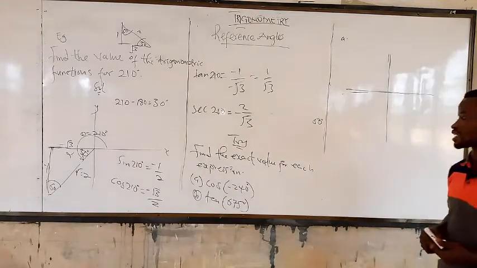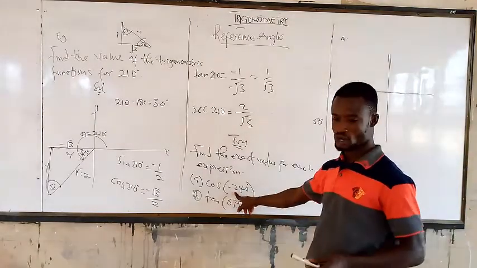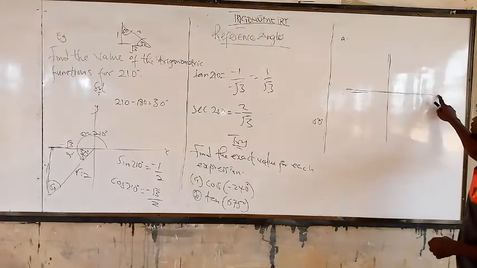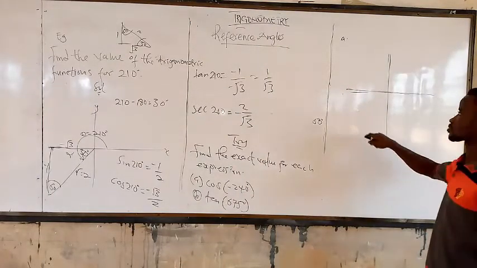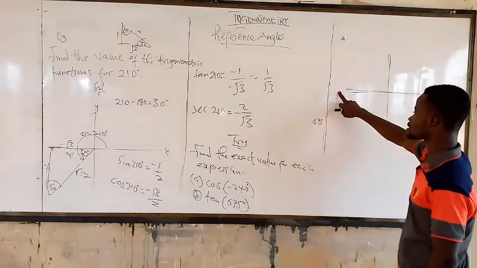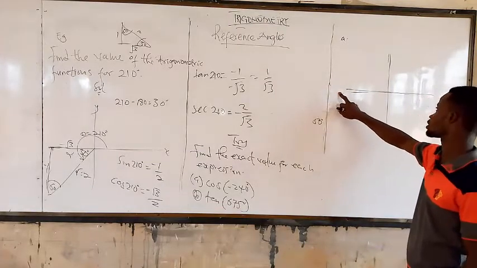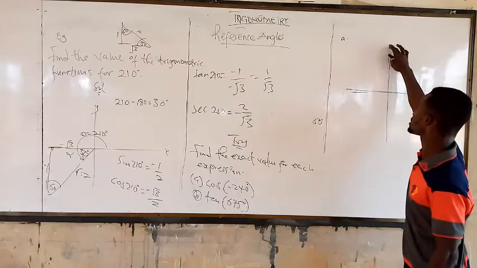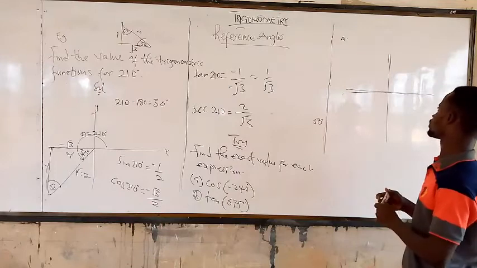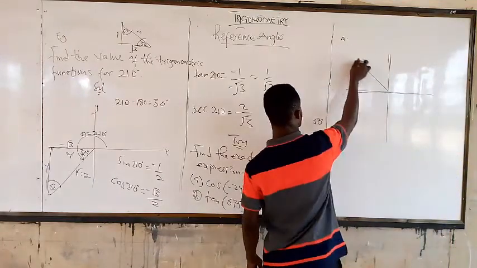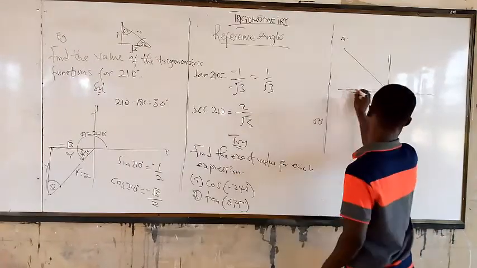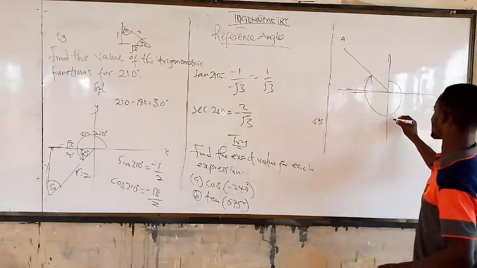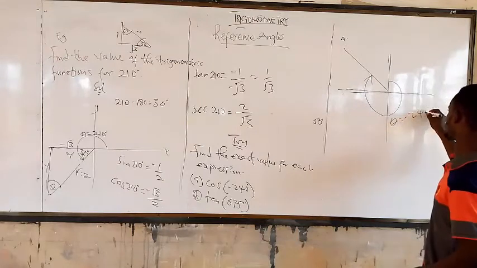So you can see that negative 240 will be somewhere, if here is 0 degrees, 90 degrees, 180 degrees, then negative 240 will be somewhere here, because from here will be 270 degrees and 360. So it will be somewhere here. So this will be the theta, which is negative 240.